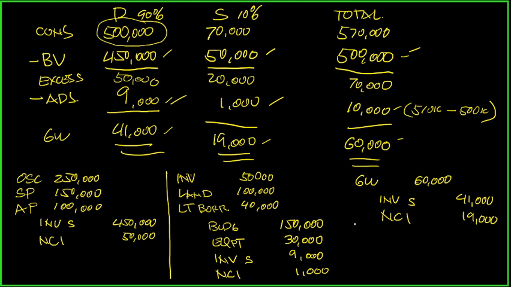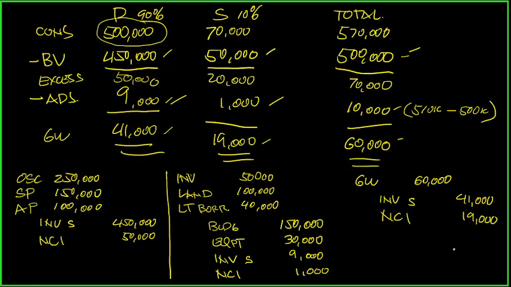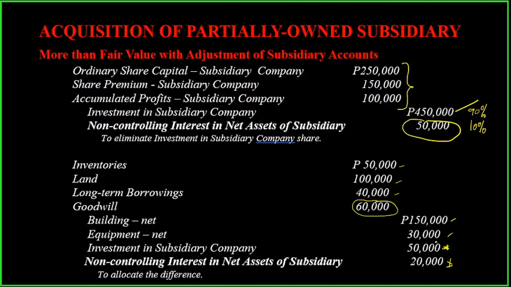Okay. Ano pa ba yung mga kailangan nating intindihin dito? You try to compare that with the previous approach. Medyo nakakalito, di ba? Parang balancing figure. Saan nang galing tong 50 na to? This is actually your 9,000 plus 41,000. 9,000 share in the adjustment plus 41,000 as the share in the goodwill.